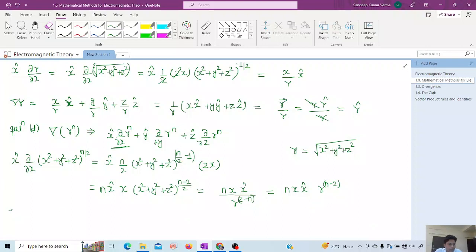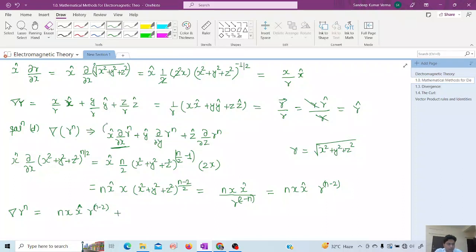So similarly, the gradient of r to the power n will be n x x cap into r to the power n minus 2. This is for the first term.